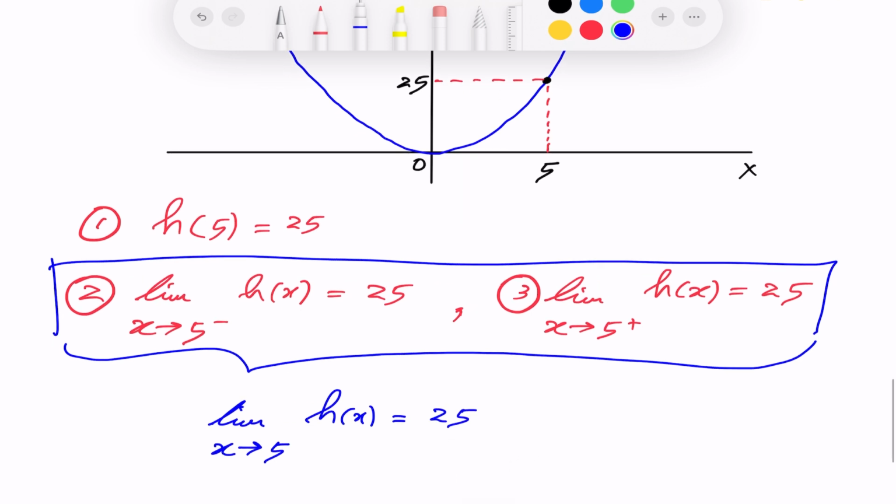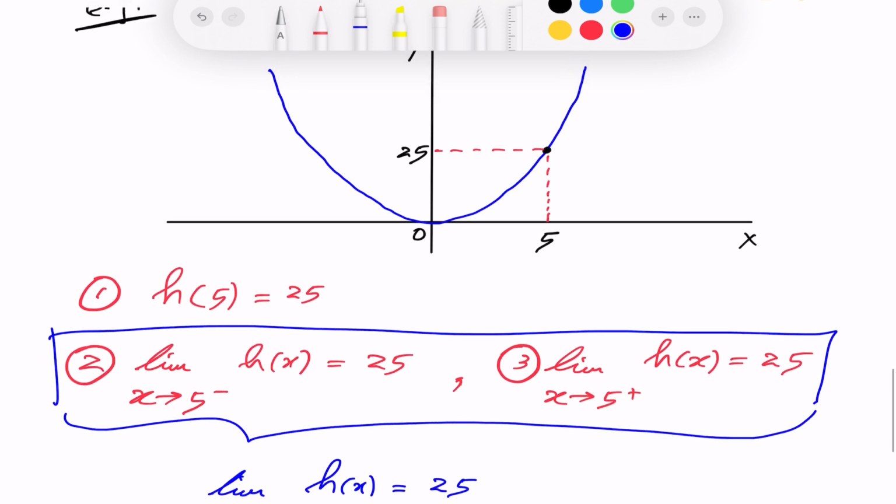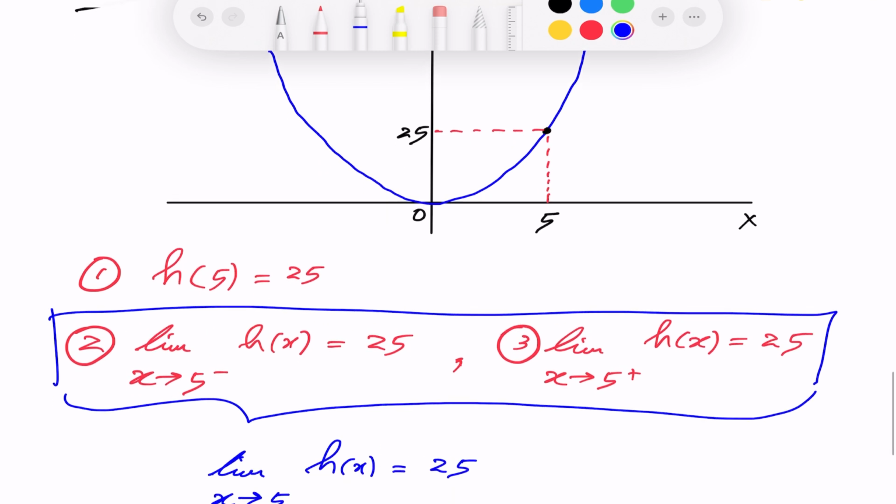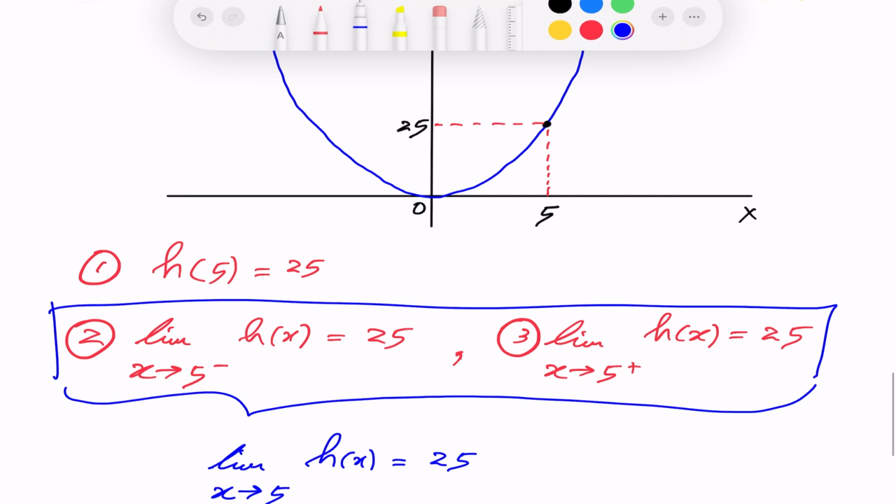Very good. Now, is this function continuous within a neighborhood of 5? Or in other words, is this function continuous at x equals 5? Of course, yes. That is because we can see that the limit exists, which is the first condition. Left hand limit is equal to the right hand limit, and that's equal to 25.